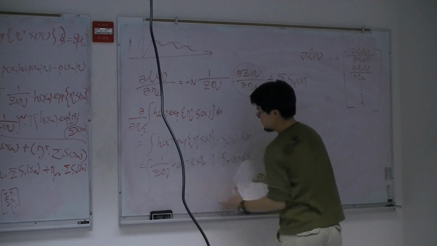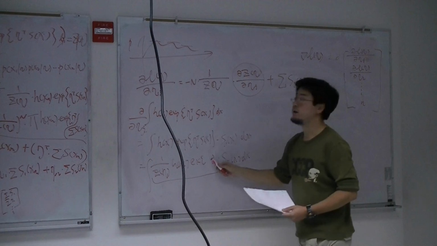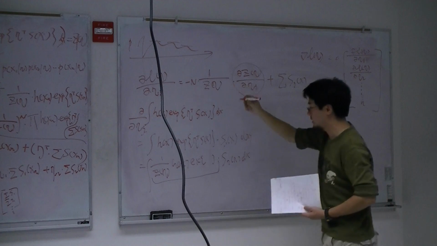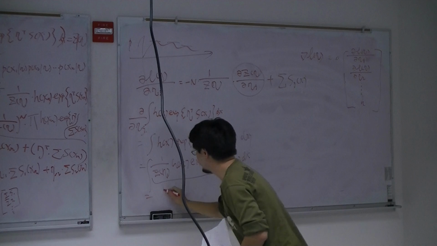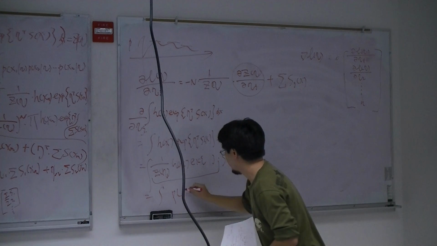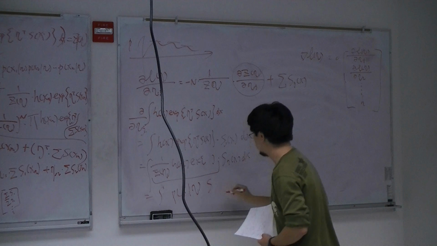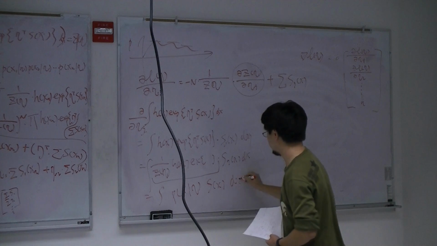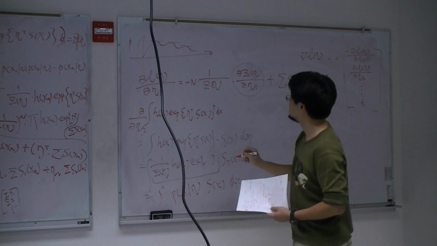And this term here is just the exponential family, the form of the probability. It's just this one. Then we get p(x|beta) S_j(x) dx.